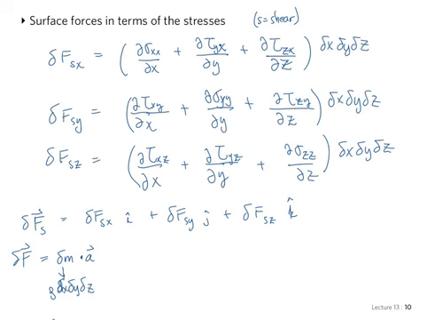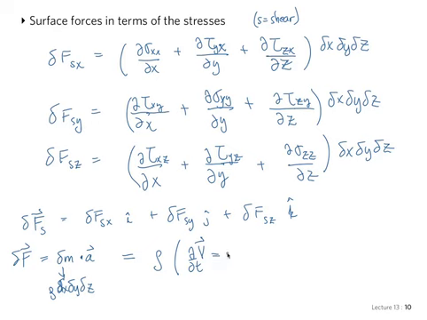Let's see, I can perhaps reuse some of that. No, I'm going to have to write it again. So I'm going to write this. Rho, we had the partial with respect to time of the velocity.